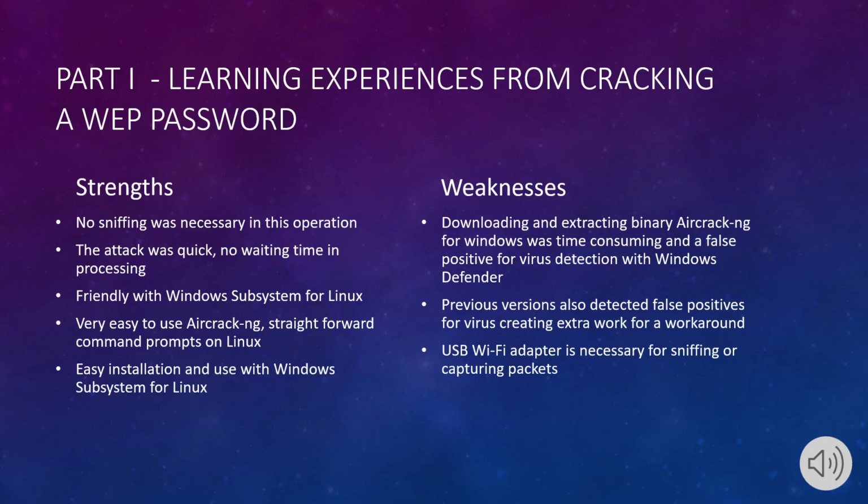However, I was unable to do that because Windows Defender would detect it as a virus. I tried older versions as well, and they also brought these false positives. So it created all this extra work.